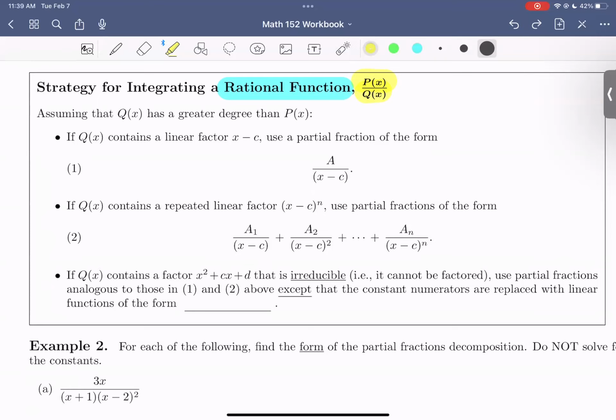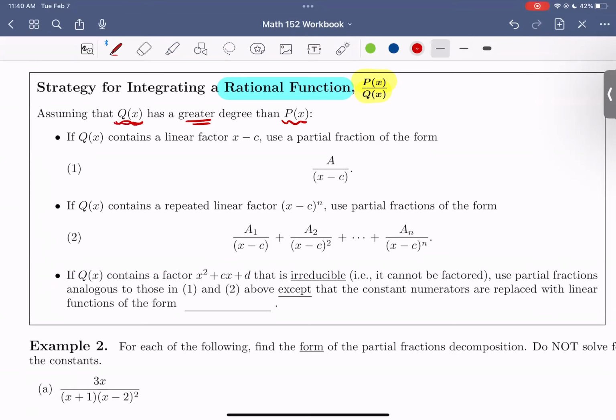Whenever we're doing this strategy, we're always only going to use rational functions where the denominator function has a greater degree than the numerator. The reason is that if the numerator had a larger degree, then we could divide q of x into the numerator.